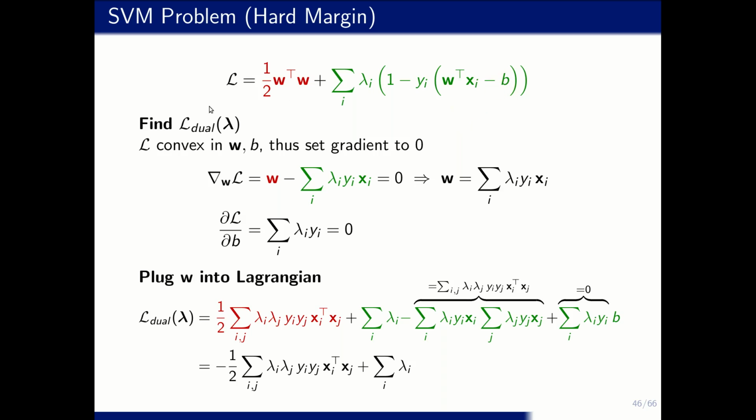Therefore, the whole Lagrangian is convex in W and B when the lambdas are fixed. X is given, this is the data, Y is given, W and B we want to minimize, and lambda is also fixed. Since this is convex in W and B, we can take the gradient and set it to 0.